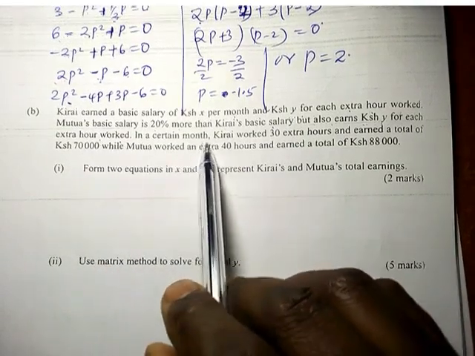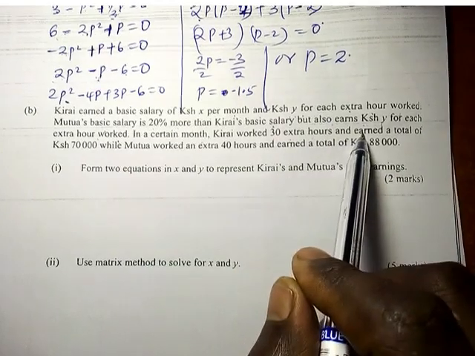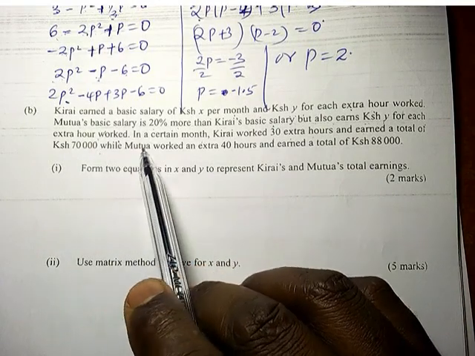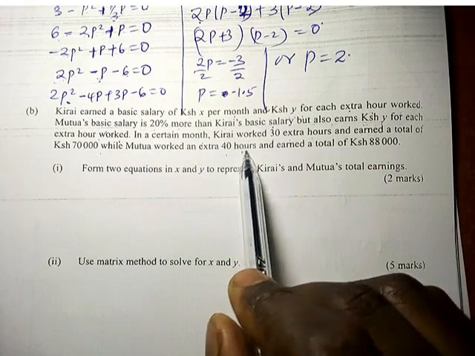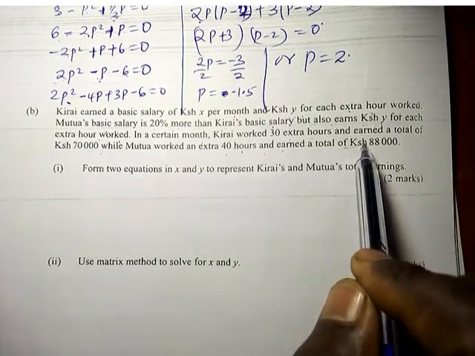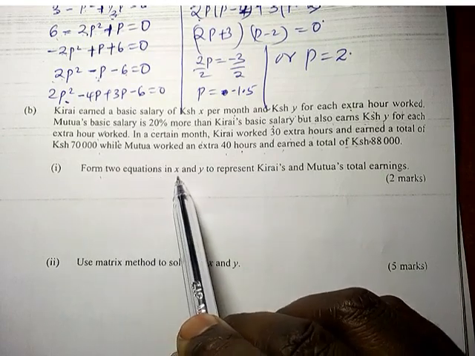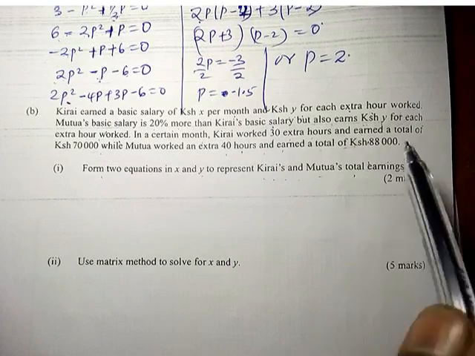In a certain month, Kirai worked 30 extra hours and earned a total of Kenya shillings 7,000. Muthurai worked an extra 40 hours and earned a total of Kenya shillings this. Form two equations in X and Y to represent Kirai's and Muthurai's total earnings.